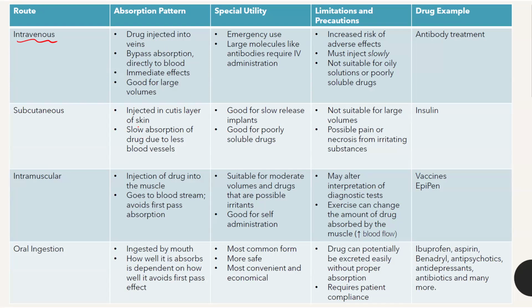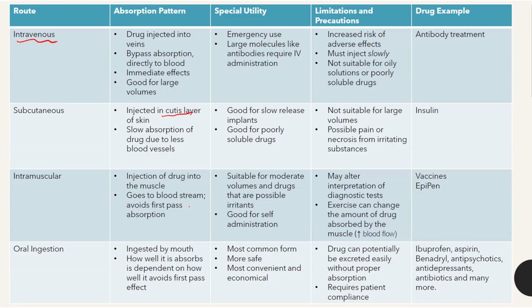If it's subcutaneously administered, it's injected into the subcutaneous layer of the skin. It's going to be slowly absorbed, and the reason for that is there's not a huge amount of blood vessels. Your intramuscular drug administration is injected into the muscle.